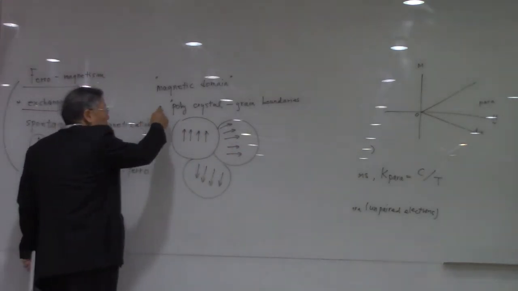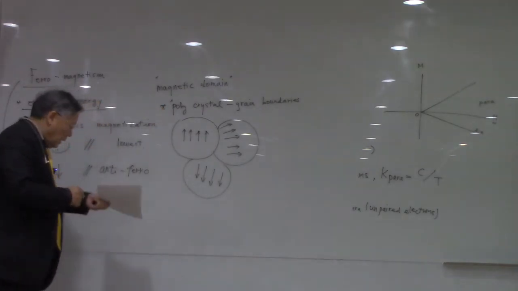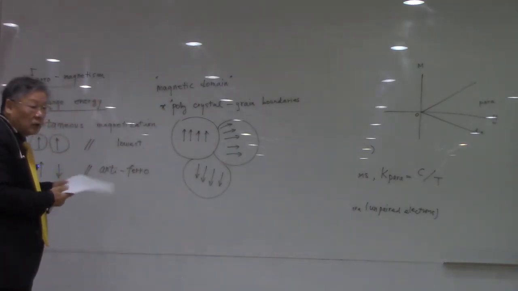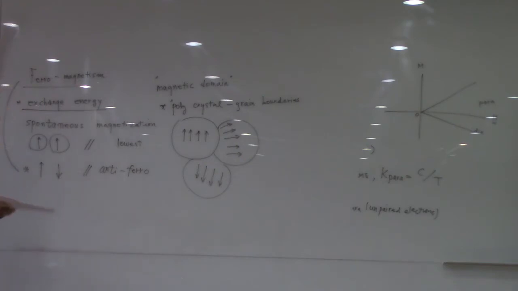Just like the polycrystal in crystal structure, the difference between the single crystal and the polycrystal is that inside the grains, it has a single crystal nature, but that orientation of the atomic arrangement is not going to be extended to the next grain boundary.